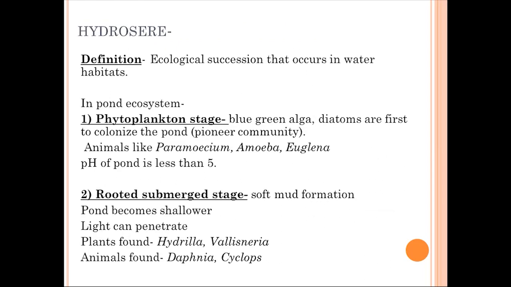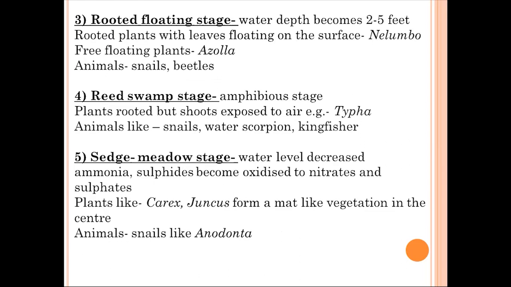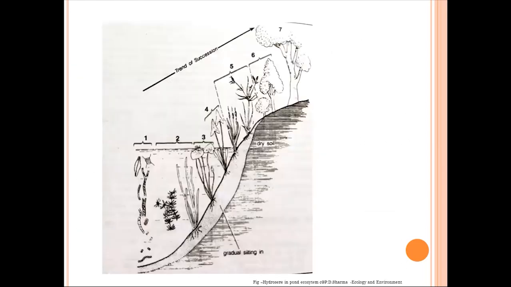Then we discussed what is a hydrosere, the ecological succession that occurs in water habitats. We have seen this diagram where the phytoplanktons are the initial ones to colonize the pond, and then slowly it is colonized by submerged plants like Hydrilla.